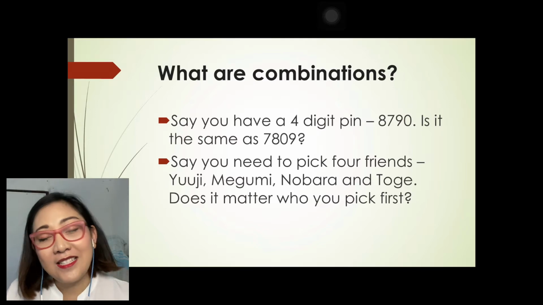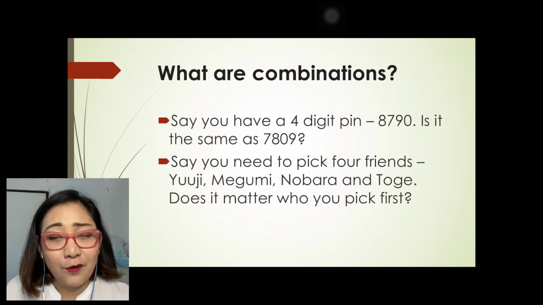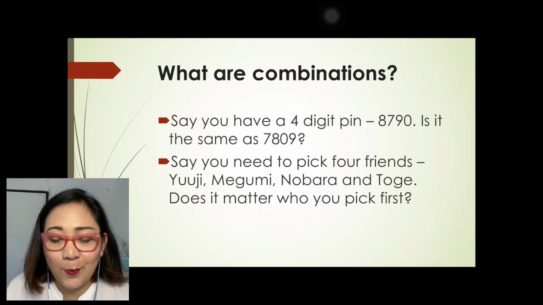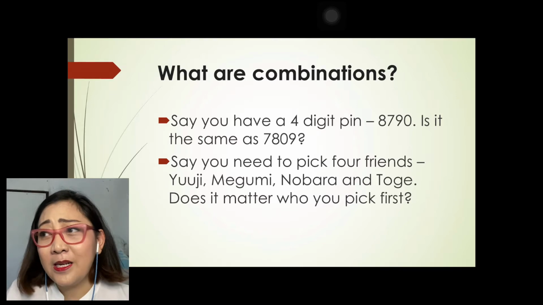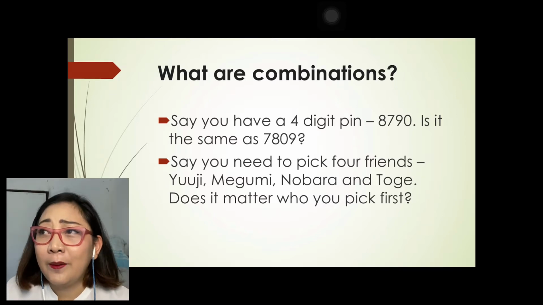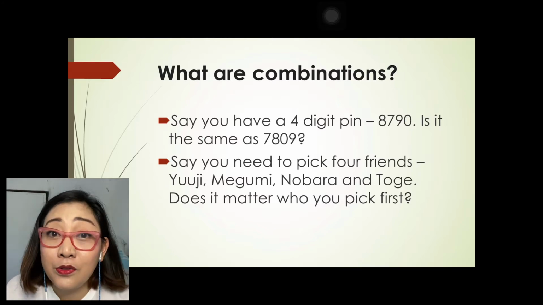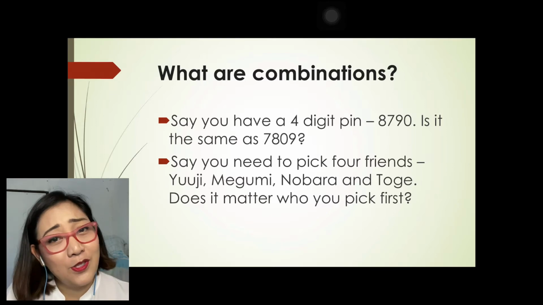Okay? Now, the second situation is this. Say that you need to pick 4 friends. You have 4 friends. Yuji, Megumi, Nobara, and Toge. Does it matter who you pick first? Or sabihin na natin, wag na lang friends. Sige, sabihin natin na you're going to pick the colored pens that you will use for a project. Does it matter which pen you pick first? So, syempre hindi.